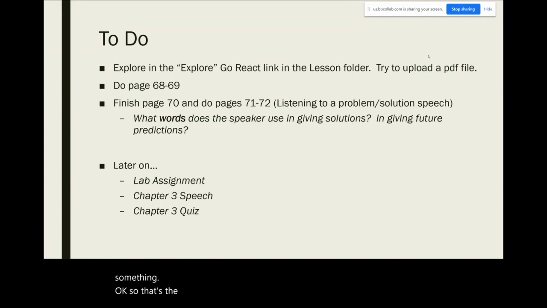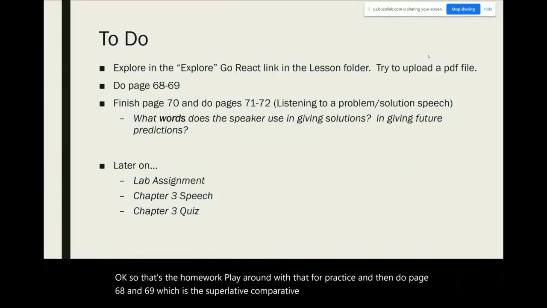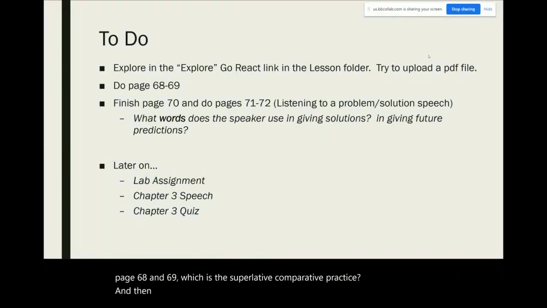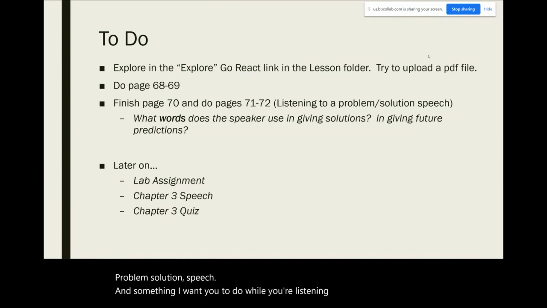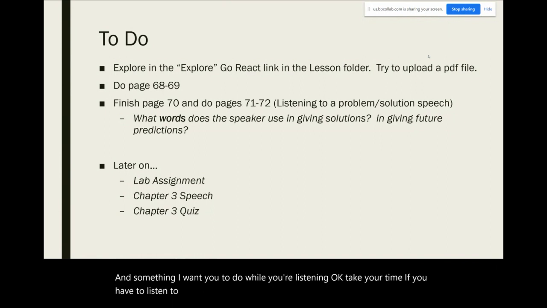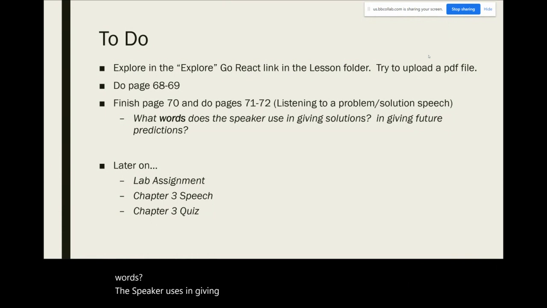Play around with that for practice, and then do pages 68 and 69, which is the superlative comparative practice. Then finish page 70 and do pages 71 and 72. So you're listening to a good problem solution speech. Something I want you to do while you're listening: take your time. If you have to listen a couple of times, that's okay. I want you to listen for what words the speaker uses in giving solutions, in giving predictions, in giving the problem.